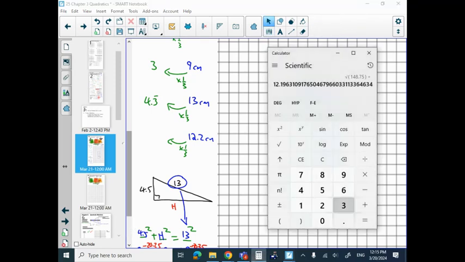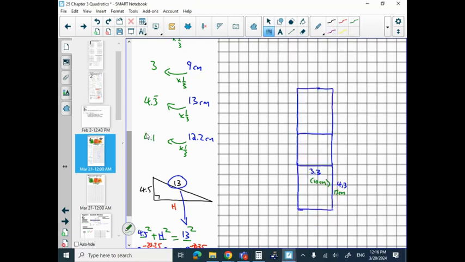Divide by 3 gives us almost exactly 4.1. So 4.1 squares. So let's go out 4.1 squares. Let's go from this one first. I suppose I should just count, right? 1, 2, 3, 4.1 or something.